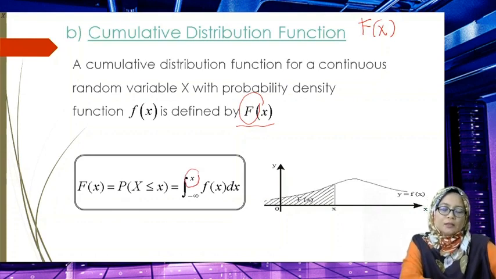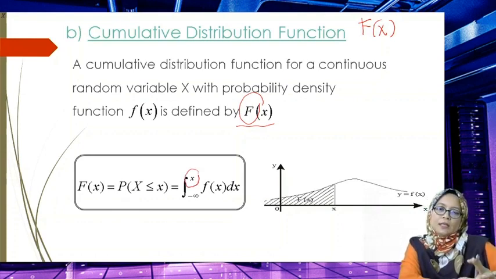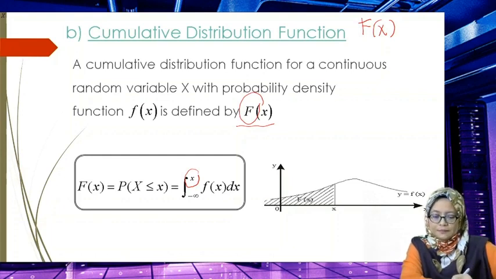Sebab dia adalah continuous, maksudnya kita tak tahu sampai berapa yang kita punya nilai ni. So nilai X tu nilai satu nilai tertentu lah.